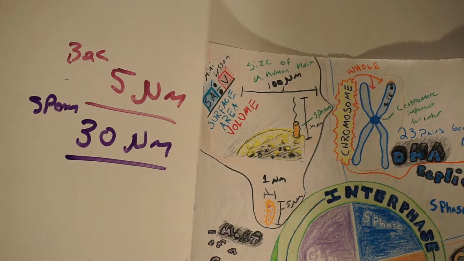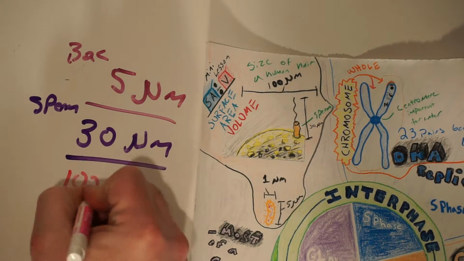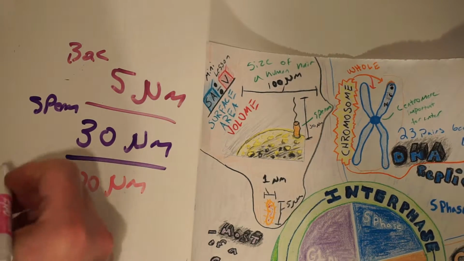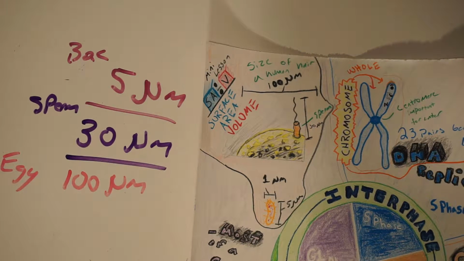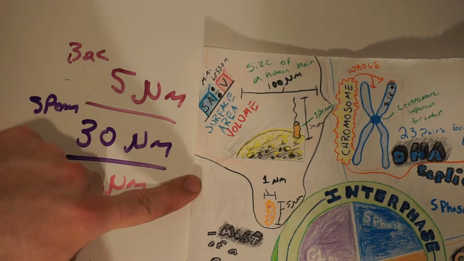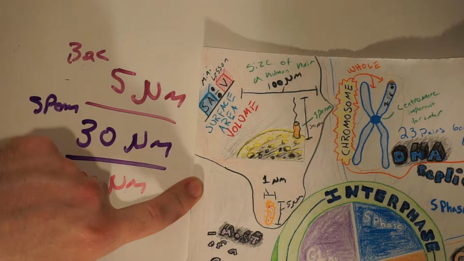Because an egg cell is going to be more like 100 micrometers. Now, to put that into perspective for you, 100 micrometers is about the width of a human hair. At that size, we could see an egg cell, but it would be very difficult to spot, and we would really have to be looking.